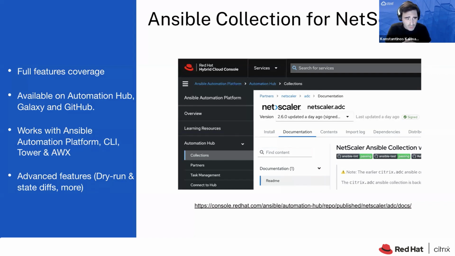You can see also the code there, and it works with the Ansible Automation Platform, where we are going to see a demo today, along with other ways of using Ansible, like the CLI, Tower, AWX, and things like that. The link is here. You can access through this link also our collection on Automation Hub, but during the demo, I will also show you how you can do that.